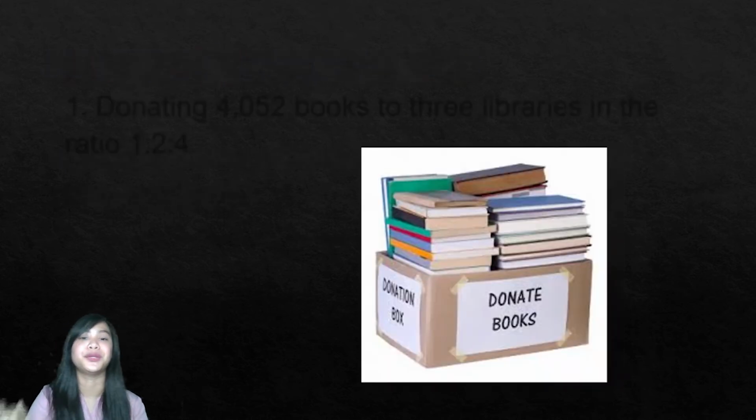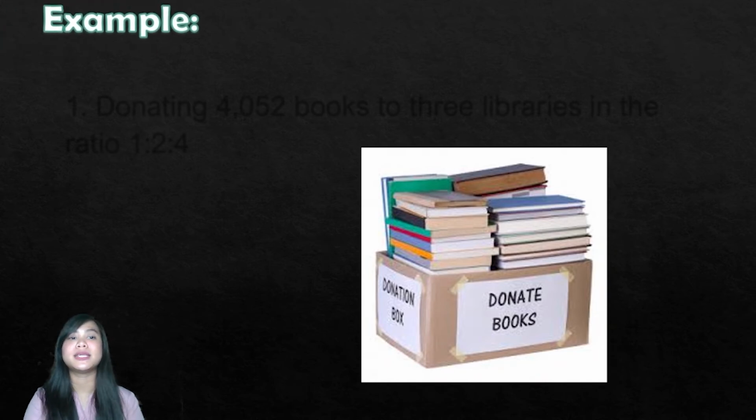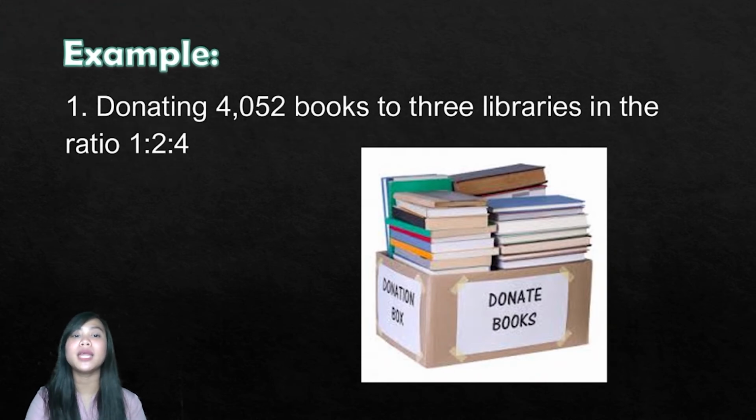The ratio, rather. An example: donating 4,052 books to 3 libraries in the ratio 1:2:4. The ratio here is unequal. So these 4,052 books will be divided by the total of the numbers in your ratio.